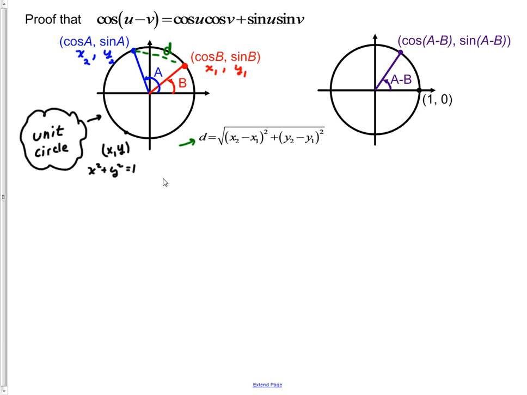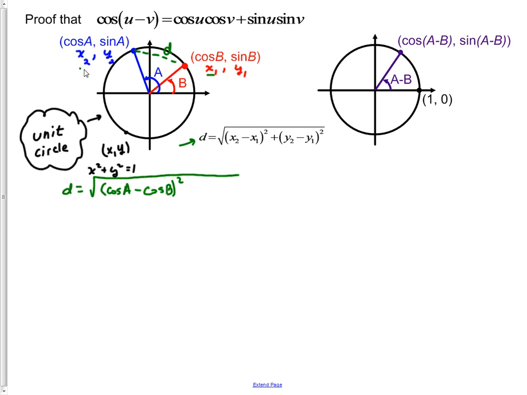So what should we say? Well, our distance here in this first case will be equal to the square root of cosine of A minus cosine of B, quantity squared. That's x2 minus x1.